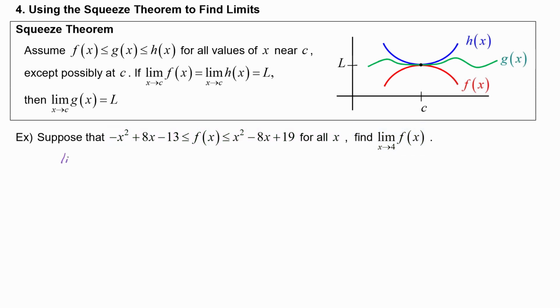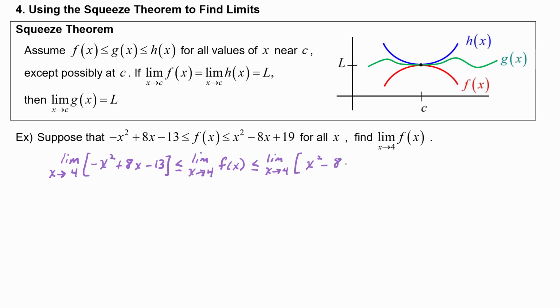So we would get the limit as x approaches 4 of negative x squared plus 8x minus 13 would have to be less than or equal to the limit as x approaches 4 of f of x, which would have to be less than or equal to the limit as x approaches 4 of x squared minus 8x plus 19.